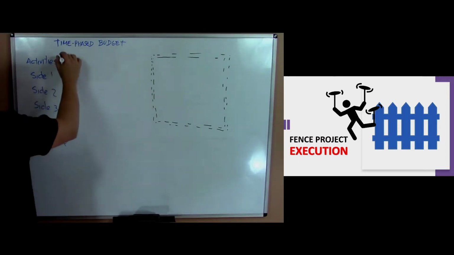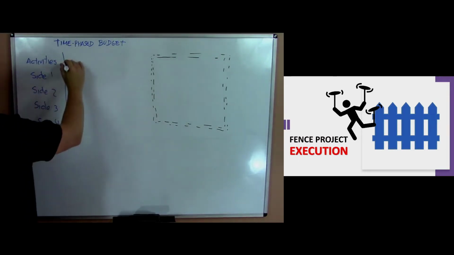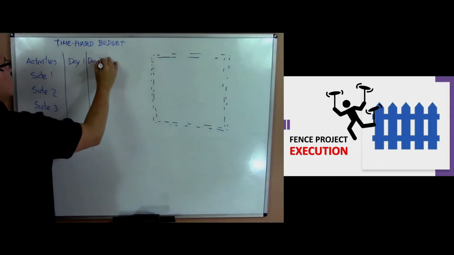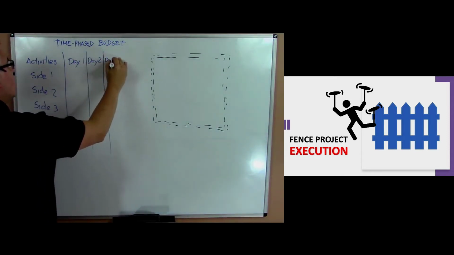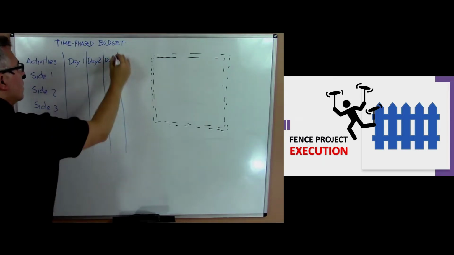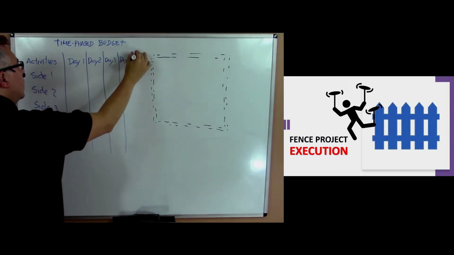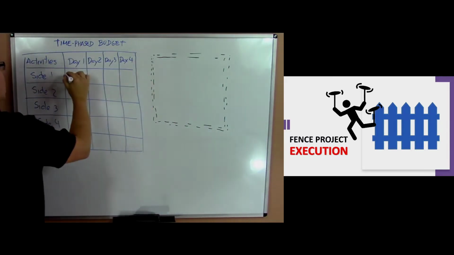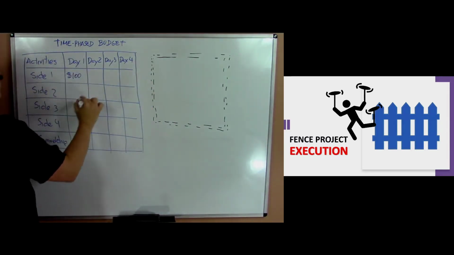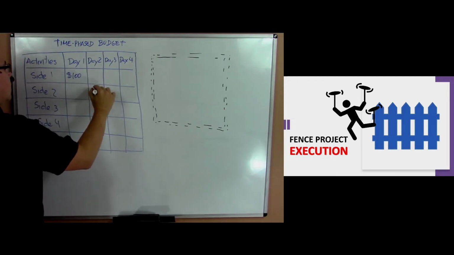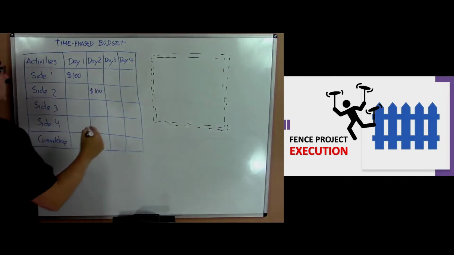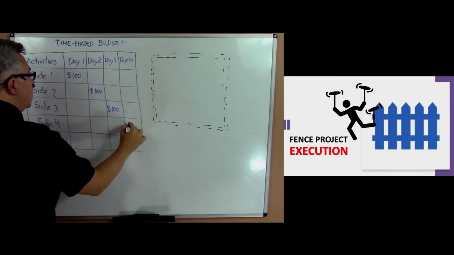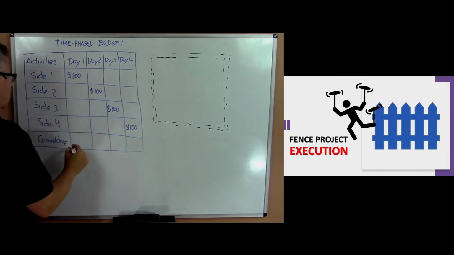From those activities we have day 1, day 2, day 3, and day 4. In that time phase budget we have $100 for side 1, the first day, $100 for day 2, $100 for day 3, side 3, and $100 for day 4.